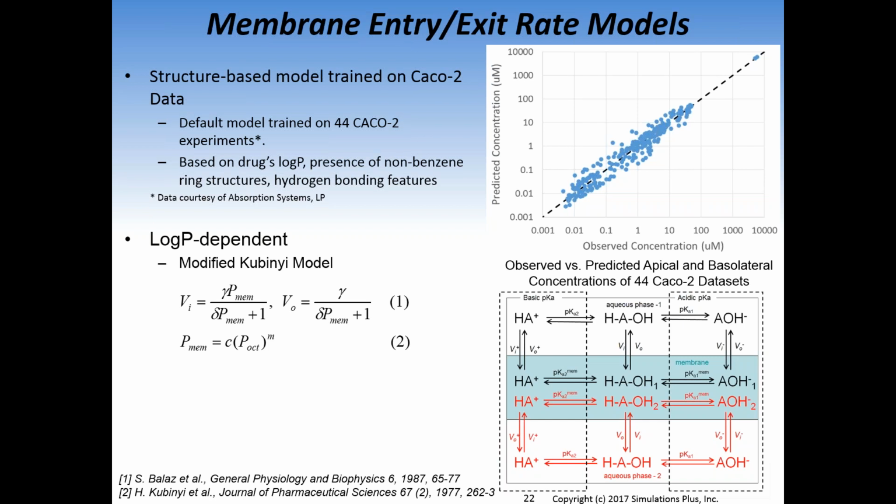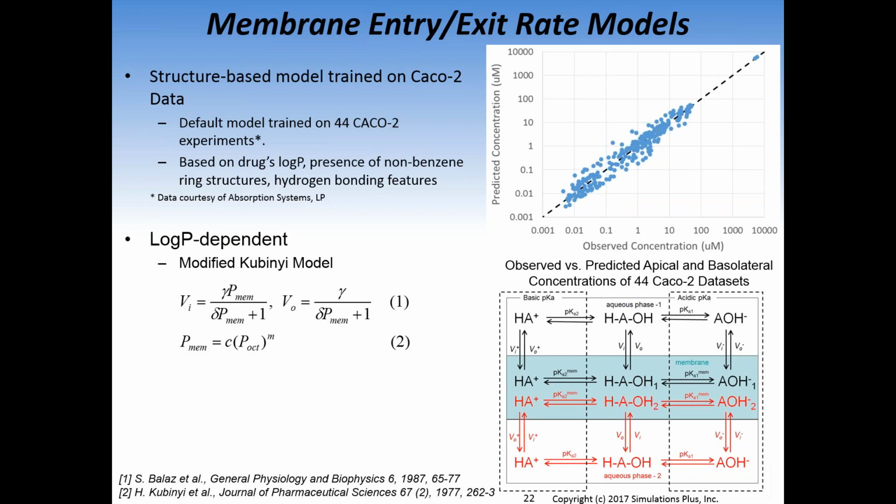We also have a second model, which is a log P dependent model called the Kubinyi model, which is from old literature from the 70s. It's based simply on the octanol water partition coefficient. This works well for a congeneric series of molecules that have similar hydrogen bonding characteristics.